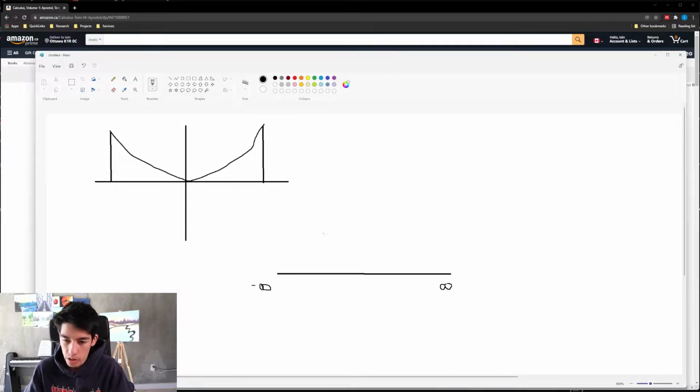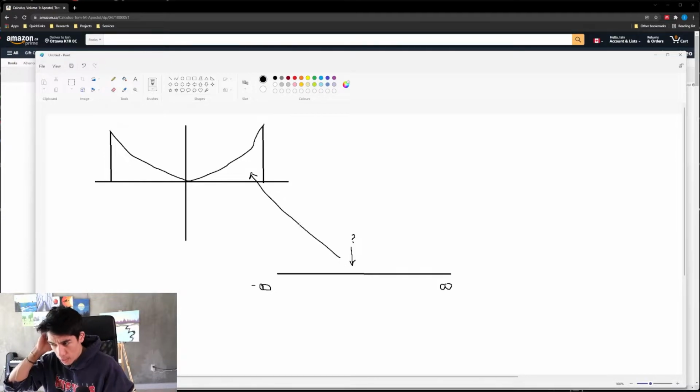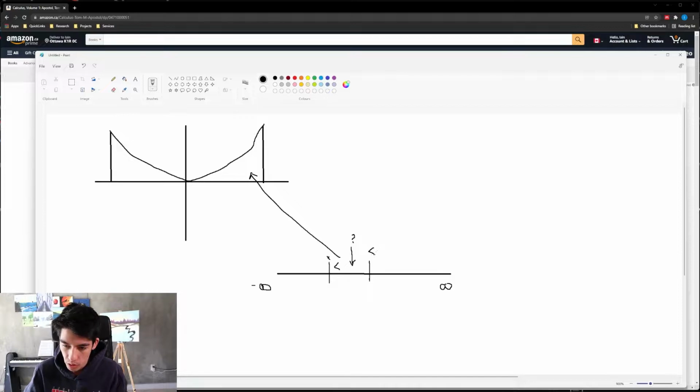What we want to do is pick out some number on this number line that represents this area. We don't know what that number is, but we can at least start off by saying that it's bigger than this number here, and smaller than this other number.